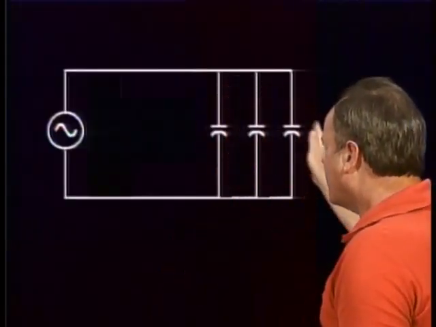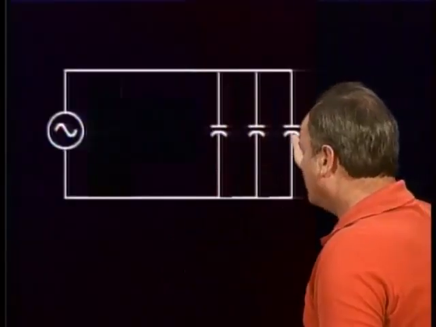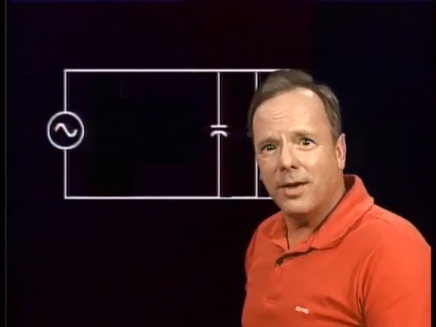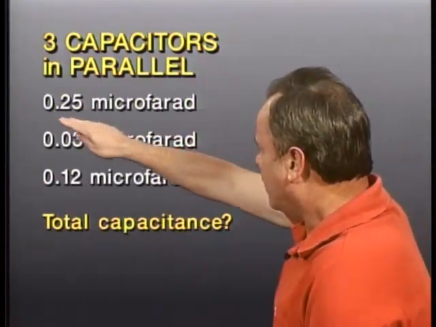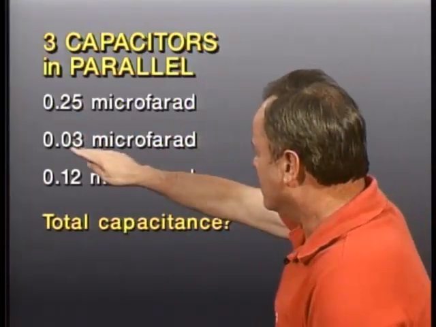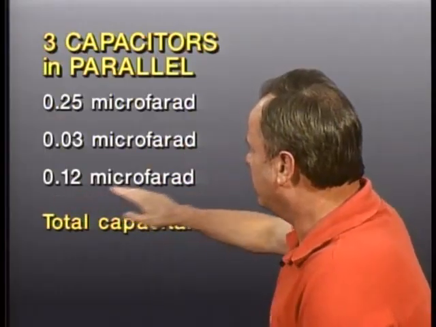Now, what happens when you put capacitors in parallel? Well, when you put capacitors in parallel, the total capacitance is equal to the sum of all the capacitors. Now all you have to do is add them up. They'll ask you another question about that. They're going to ask you one that goes a little bit like this. They're going to say you have 3 capacitors in parallel: 0.25 microfarad, 0.03 microfarad, and 0.12 microfarad.